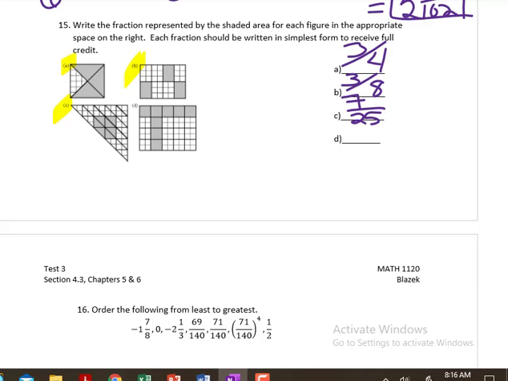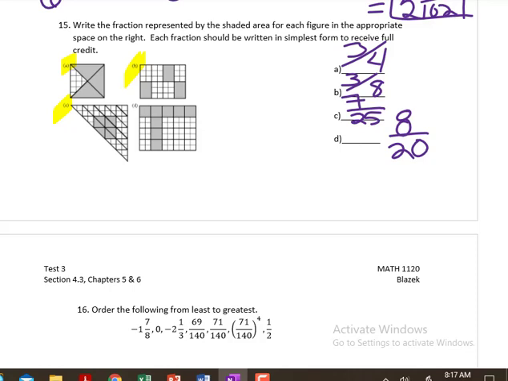And then D. I look at the rectangle and it's divided into 20 smaller squares. And when I look at the shaded area, there are a total of 8. Now, in the fraction 8 over 20, there is a common factor, and that common factor is a 4.